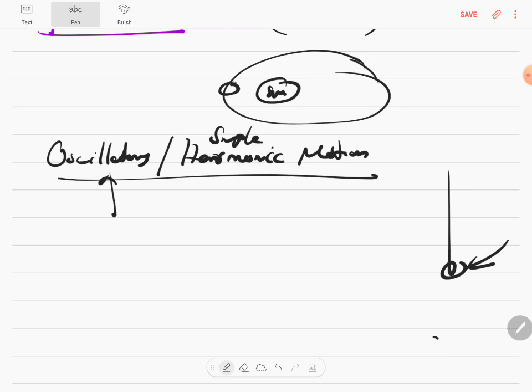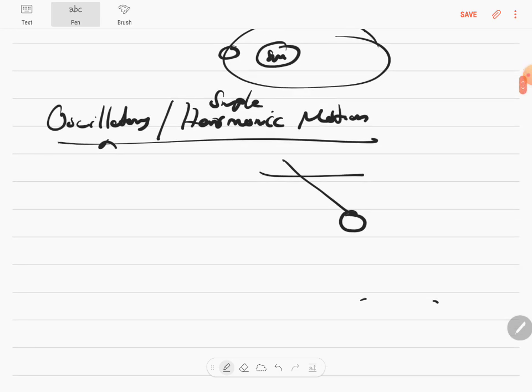Such a motion is called oscillatory motion. If a body moves back and forth repeatedly about the mean position, its motion is said to be oscillatory or simple harmonic, where it involves a restoring force which brings the body back to the mean position. A swinging pendulum is an example.